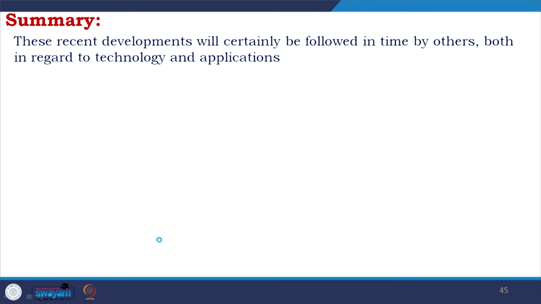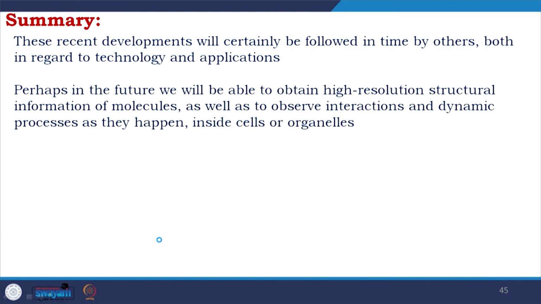These recent developments will certainly be followed in time by others, both in regard to technology and applications. Perhaps in the future we will be able to obtain high resolution structural information of molecules as well as to observe interaction and dynamic process as they happen inside the cell or organelles. Probably we could get the functional mechanism of the entire cell, which would be amazing.